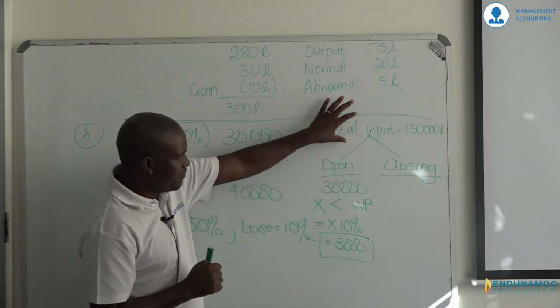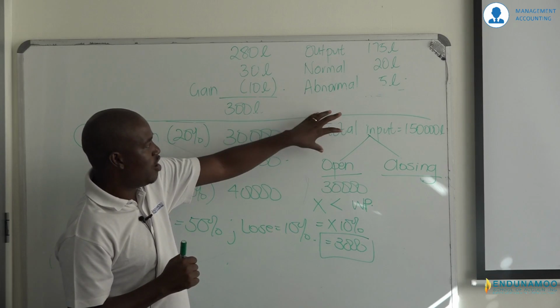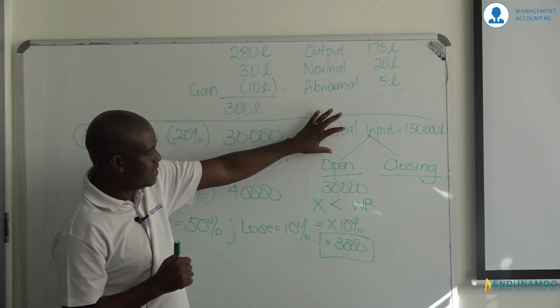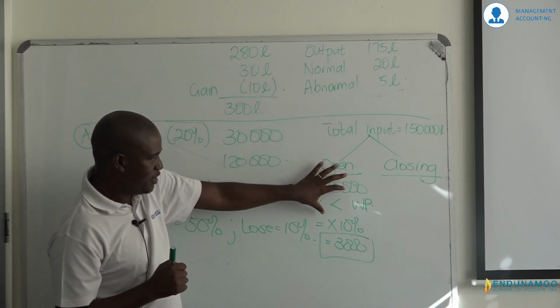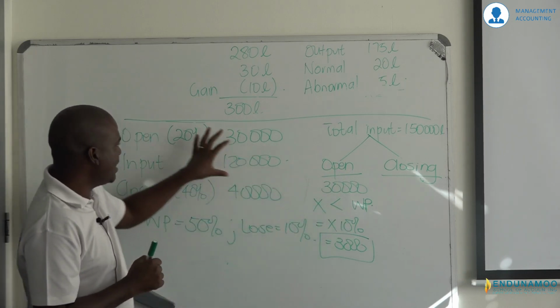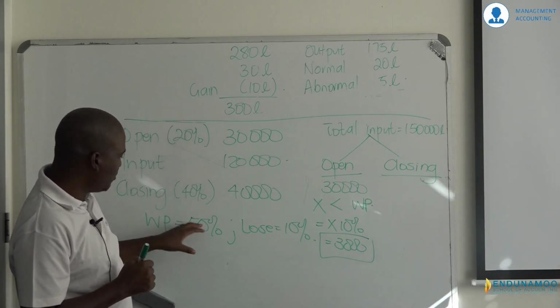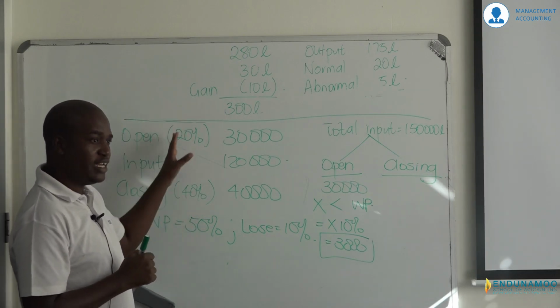So they say they've got total input of 150, right? Then they say opening, you determine whether it has passed the wastage point or not. We are saying that opening started with 20, and we are sitting with a wastage point of 50. So it had not passed.